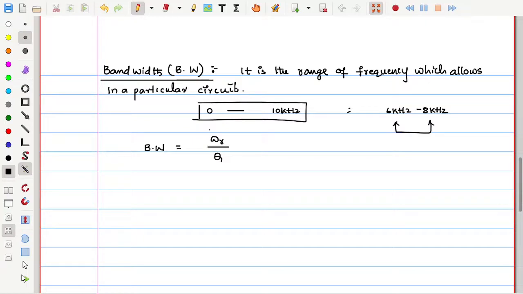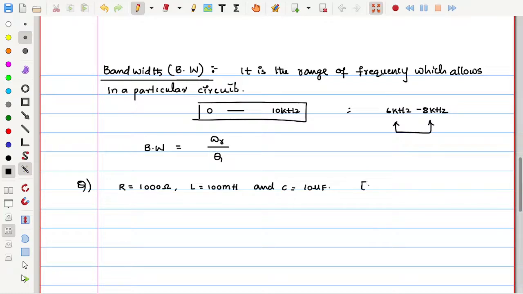Now let us see one simple problem which illustrates these concepts. So just write down that. One question: an RLC circuit consists of R equal to 1000 ohms, inductance L equal to 100 millihenry, and capacitor C equal to 10 microfarad.